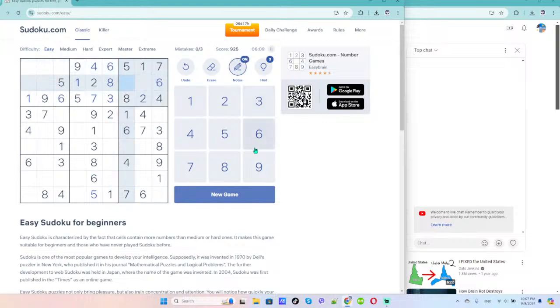Let's write them down because I forgot to write them down previously. Sorry, it's my fault. Okay, doesn't matter. These are the two possible numbers, the candidate numbers for these two cells. Now you can see that there are two other empty cells.